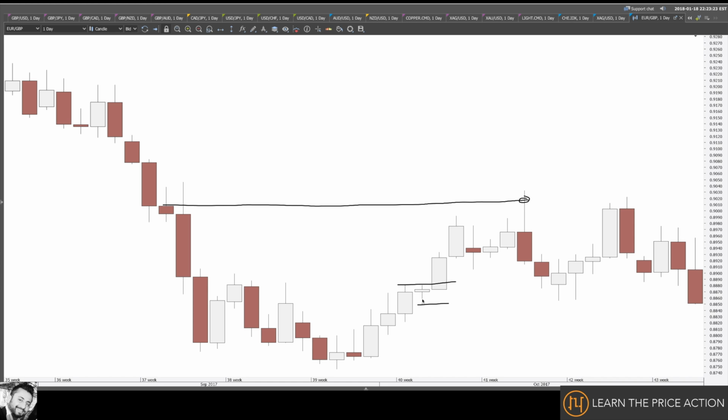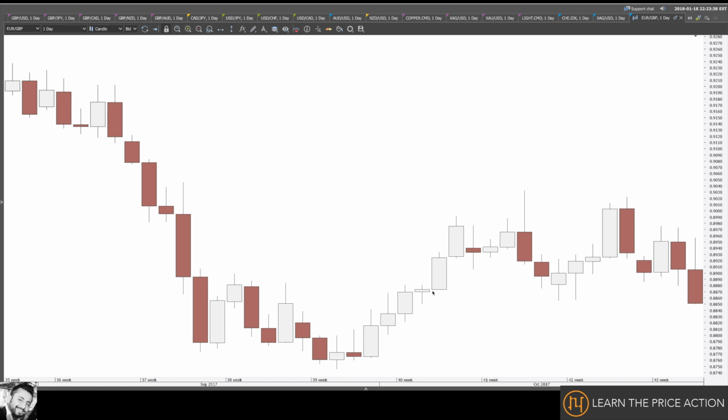Or you could simply do 2 times the reward, which is 1, 2, where your target was hit right here. So that's the number one way to trade an inside bar.